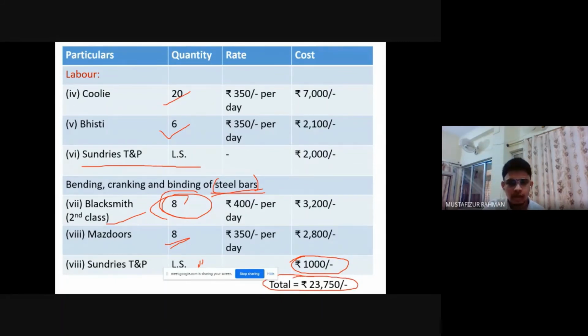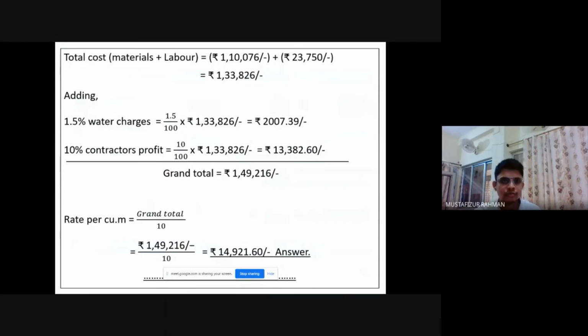After adding, we add all the costs of materials and labor and we get this ultimate value. Then we add these two. We are adding 1.5% water charges, because if we are using water from municipality services, the municipality will be charging us some money.